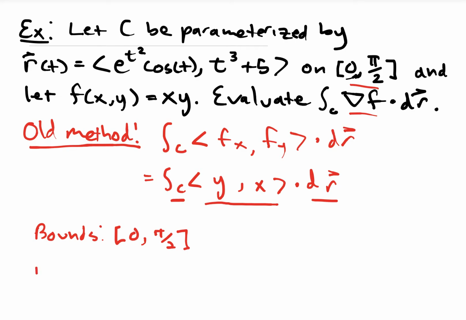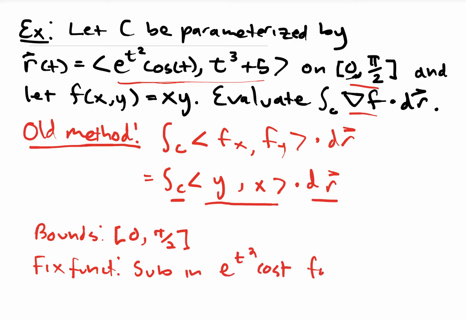To fix my function, I look at the parameterization that I gave, and anytime I see x, I'm going to sub in my x coordinate. So I'm going to sub in e to the t squared cosine t for x, and t cubed plus 5 for y.